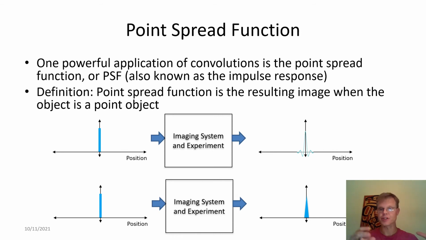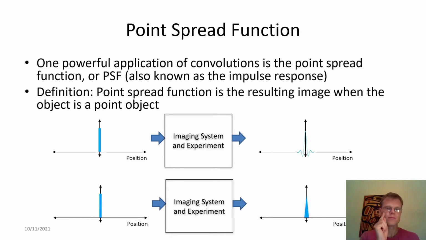So we have our imaging system, our hardware, other effects happening. We have the experiment. We account for all those, and say we had an ideal point object, an impulse function, that just exists at one point in space. We send it through our imaging system and experiment. What do we get out?